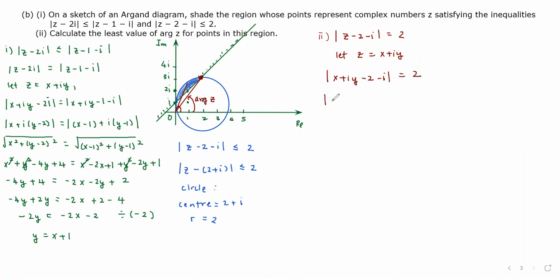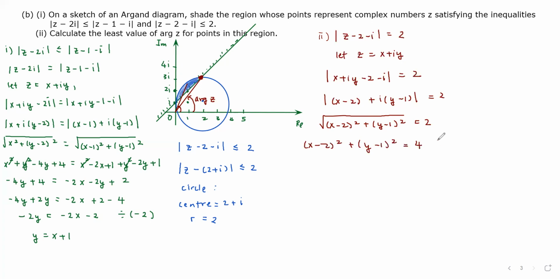We have the real part x minus 2 and the imaginary part y minus 1, and the modulus is 2. The modulus is the positive square root of the sum of squares of the real and the imaginary part. Squaring both sides, (x - 2)^2 + (y - 1)^2 = 4.